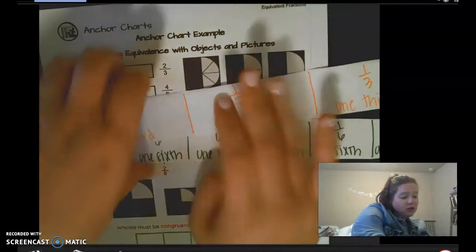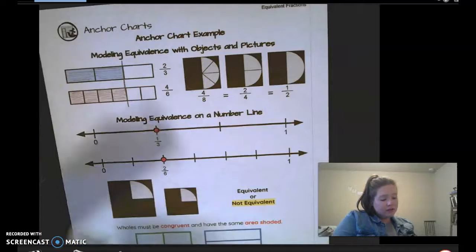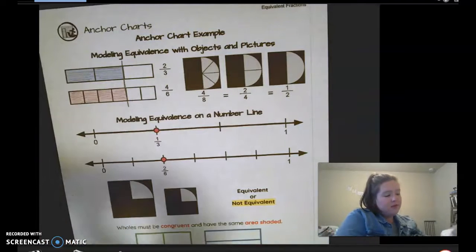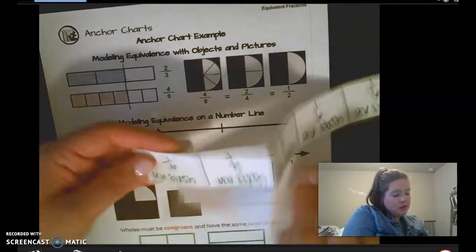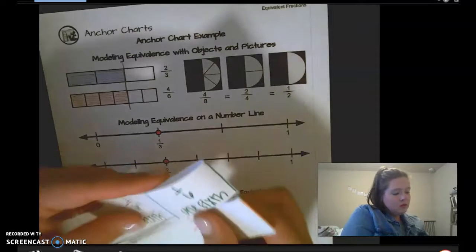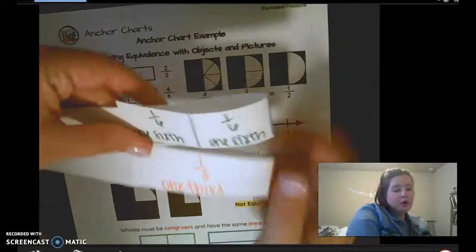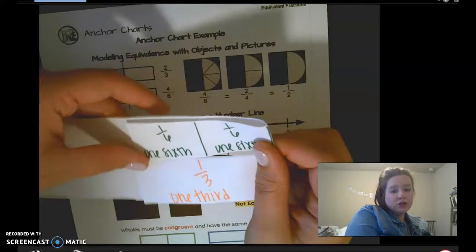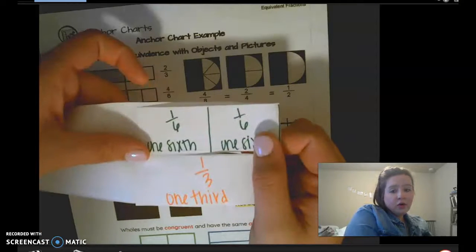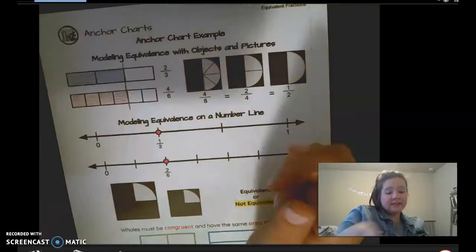And if you want to, you can fold your fraction strips. And now you have 2/6 and you have 1/3 that are going to be equivalent in size.